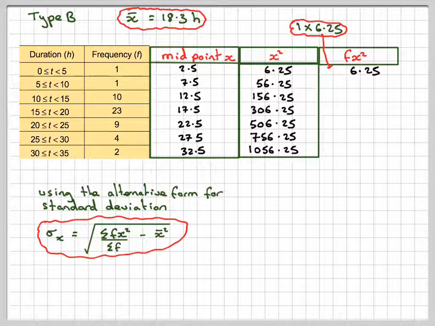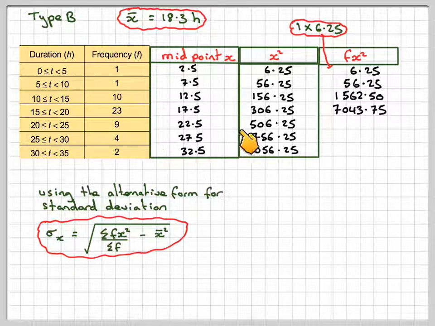This one occurs 10 times, so that will be 1562.50 multiplied by 10. 23 times this one, 7043.75. 9 times 506.25, that's 4556.25. 4 times 756.25, and then 2 times 1056.25.